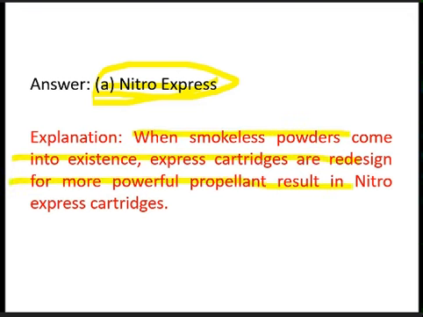Based on the explanation, when smokeless powders come into existence, express cartridges are redesigned for more powerful propellant, resulting in nitro express cartridge. Di ba? Nitro, from the word nitrocellulose. Since it is smokeless powder.